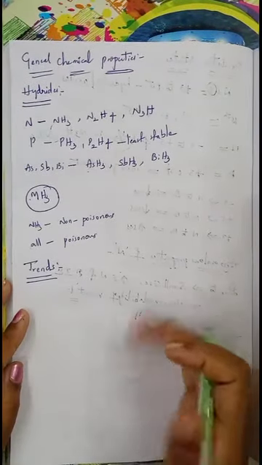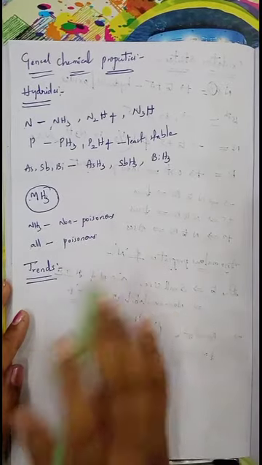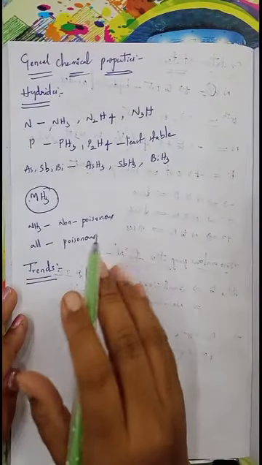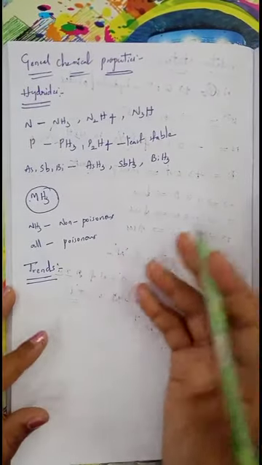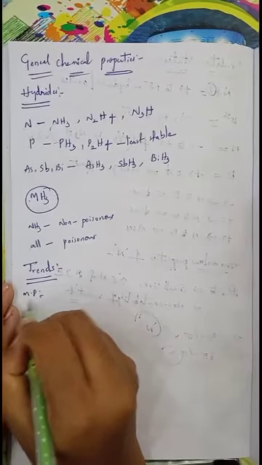Now we will discuss different trends in some properties of hydrides shown by 15th group elements. These are the hydrides shown by 15th group elements and we have to explain different trends in them. First we discuss melting points.